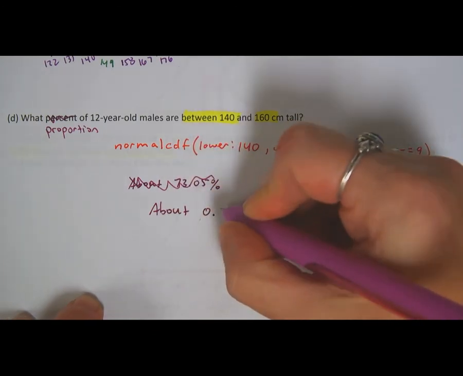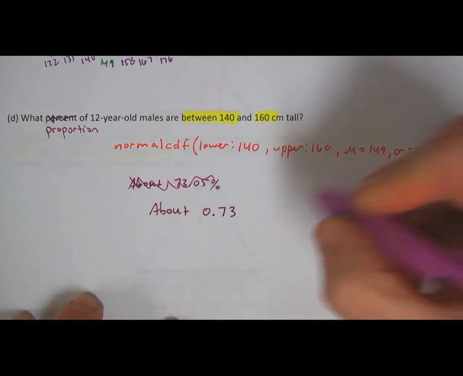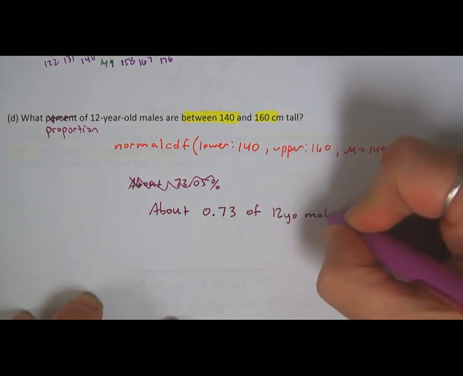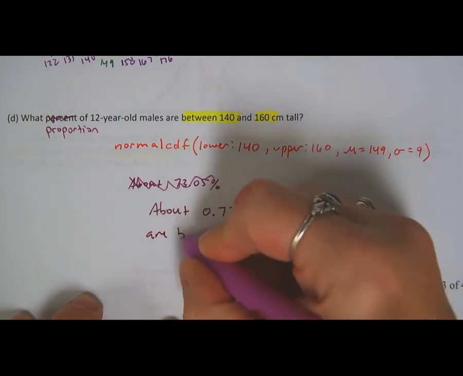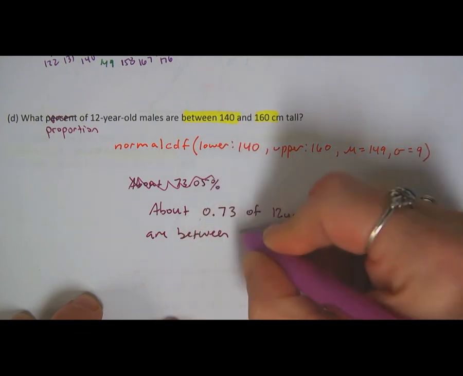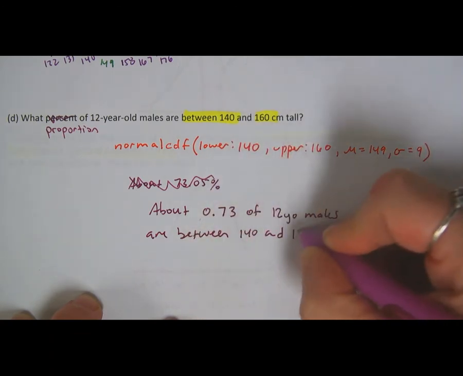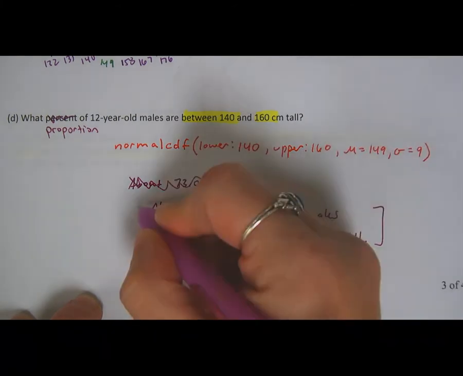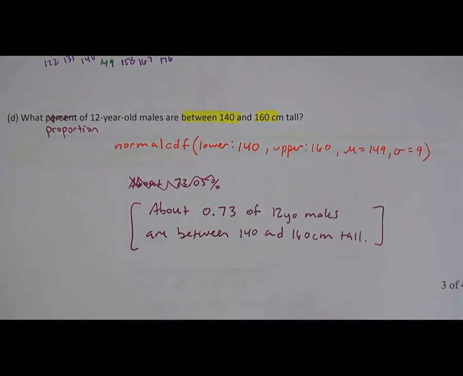But you're just going to write about 0.73 of 12-year-old males are between 140 and 160 centimeters tall. Writing the proportion doesn't feel as smooth as a percentage because we wouldn't say that in real life. About 0.73. But we're talking about proportion out of one whole.